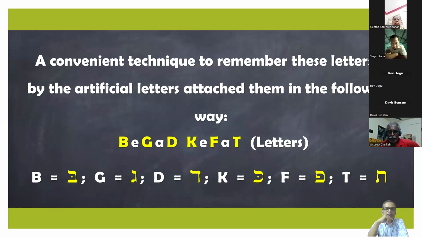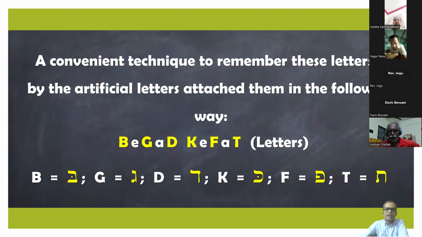Then Tau. In between the letters, they have added vowels like E and A, so in order to be more rhyming, it has been pronounced as Beget Kefat letters. So when I ask you to mention the Beget Kefat letters, you should be in a position to say that it is referring to Bet, Gimel, Dalet, Kaf, Pe, and Tau.